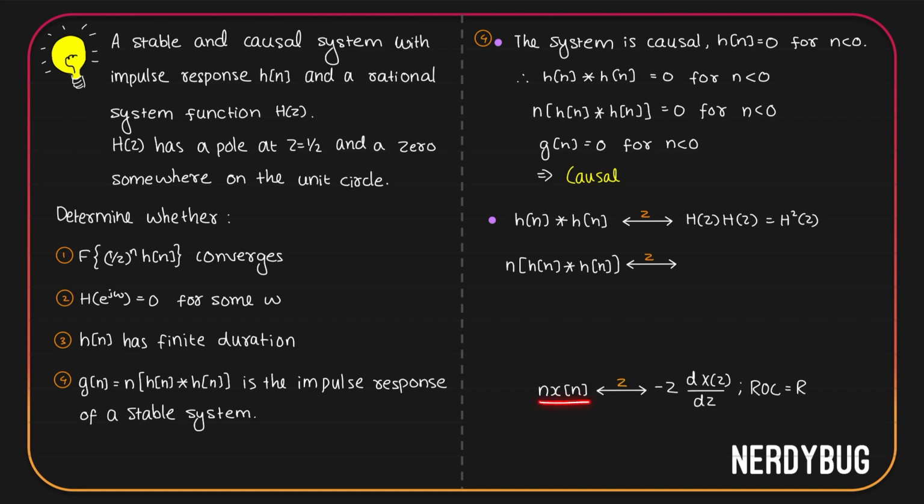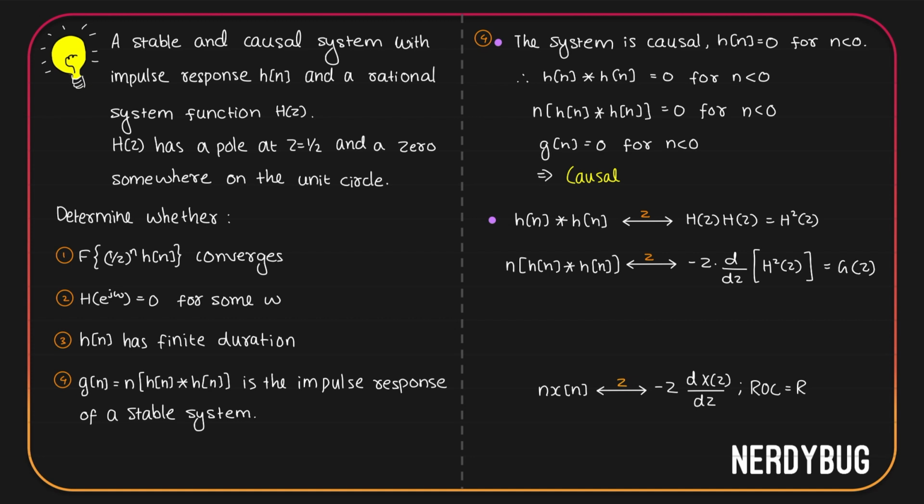Z transform of n x of n is minus z d by dz of x of z. Here we have n multiplied by x of n being convolution of h of n and h of n. So the Z transform will be minus z multiplied by d by dz of h square of z. This is the Z transform of g of n. So let us call it g of z.